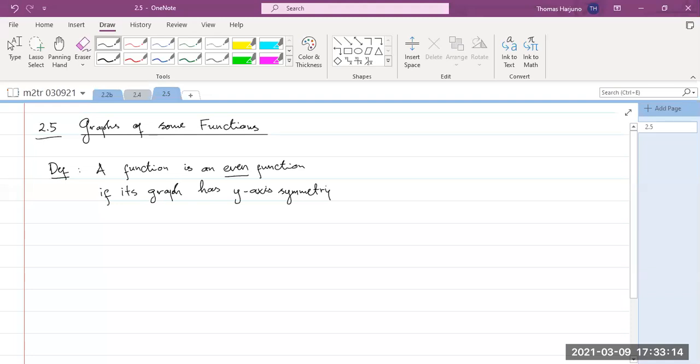And knowing that a function has y-axis symmetry will make our graphing later on a lot easier. Okay, so if we look at the chart, we say that it is an even function by definition if and only if it has y-axis symmetry.